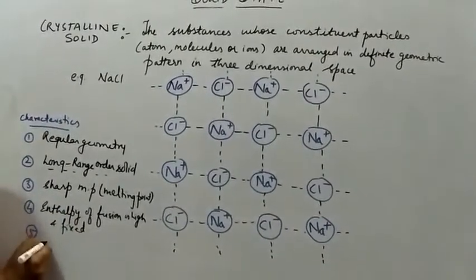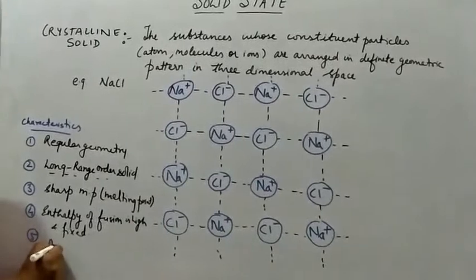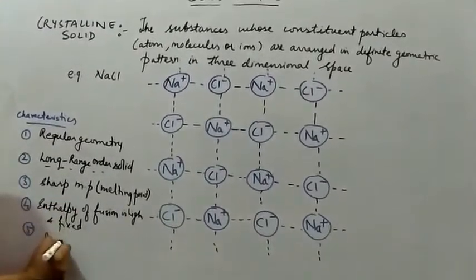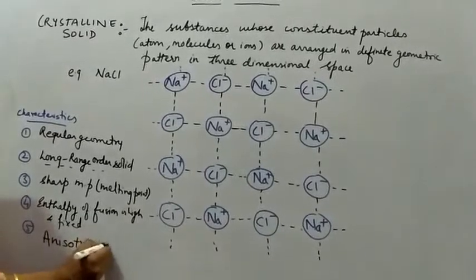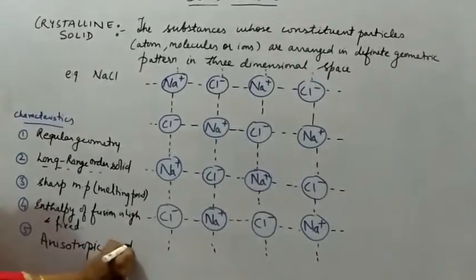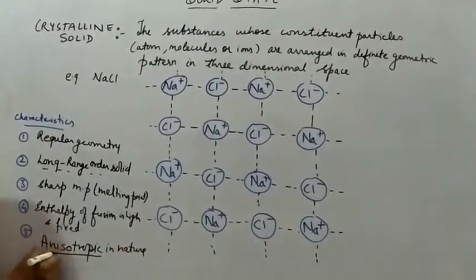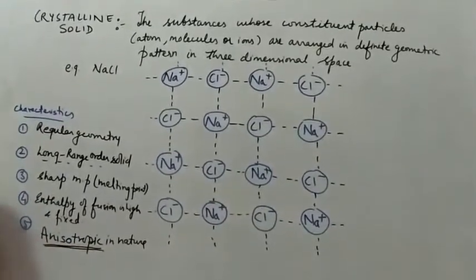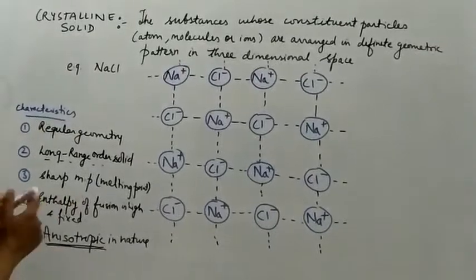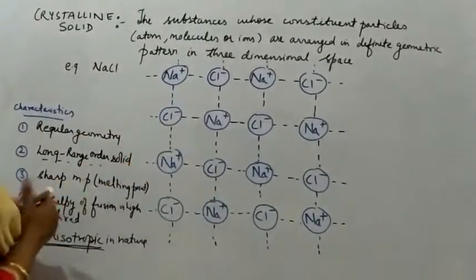Now, the important one which I want to tell is that the crystalline solids are anisotropic in nature. This is a very important term. What is anisotropy? Let us take it through this diagram.